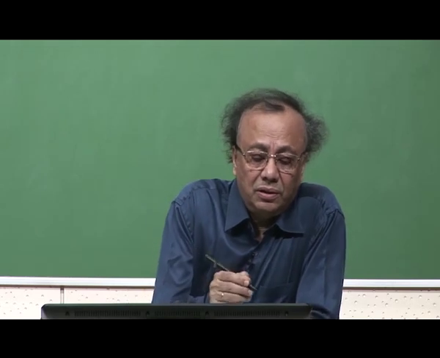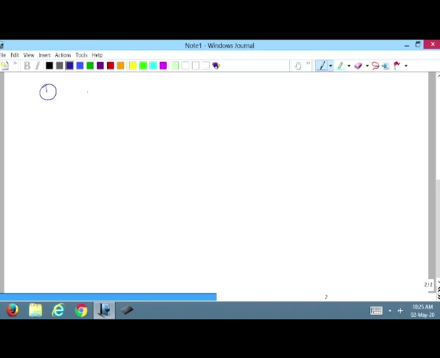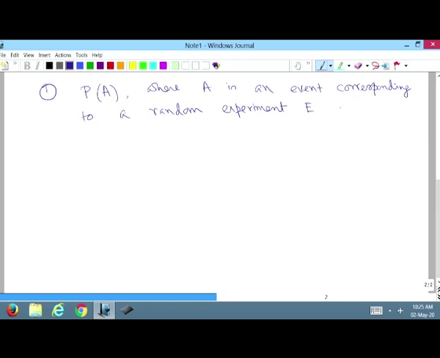So, a few things that we have to remember are as follows: probability of A, where A is an event corresponding to a random experiment E, whose sample space is omega, is cardinality of A divided by cardinality of omega.